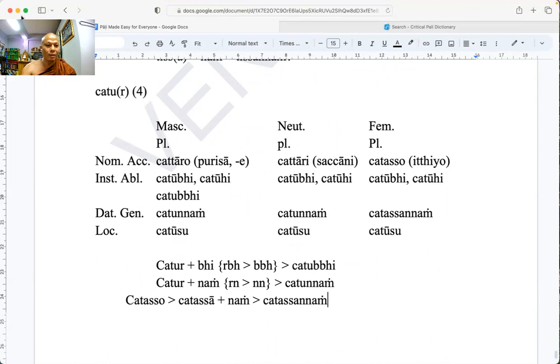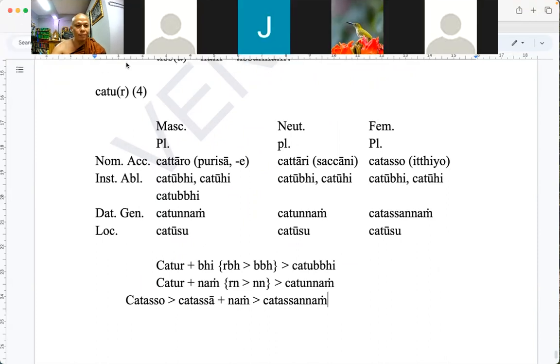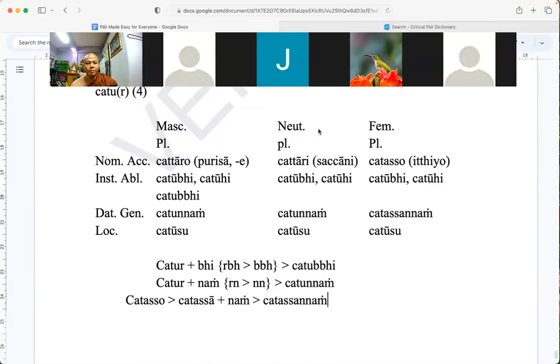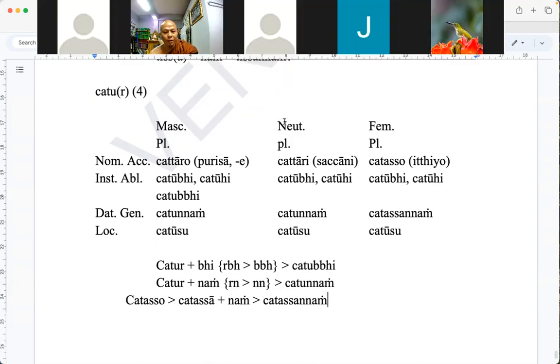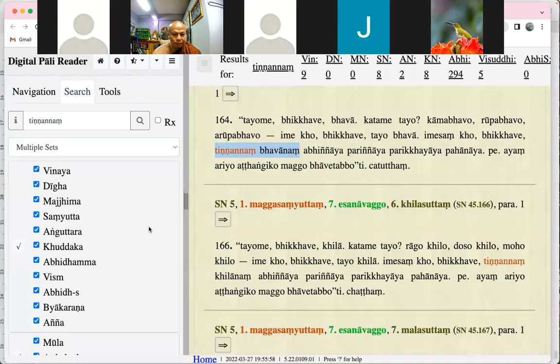Okay, so any question? Okay, Damadra. Bhante, regarding this, when you're on the digital Pali reader and you press navigation, three capital letters M-A-T come out. What do they stand for?